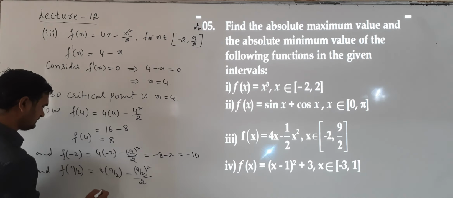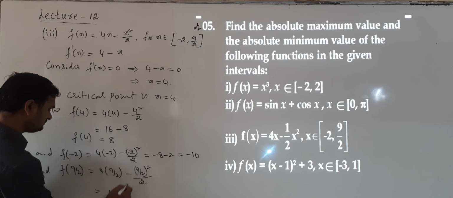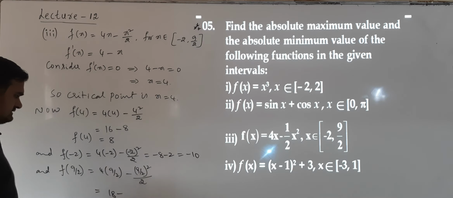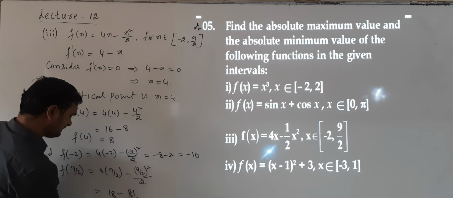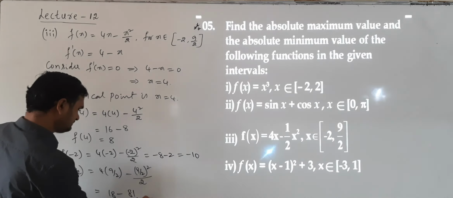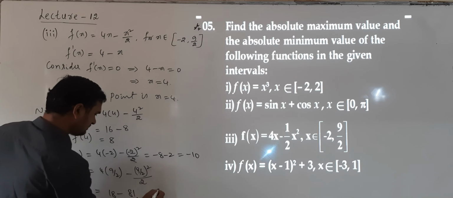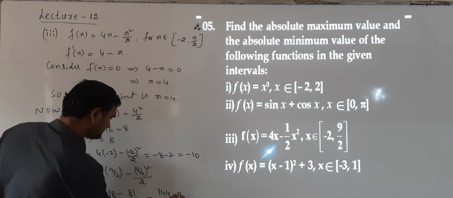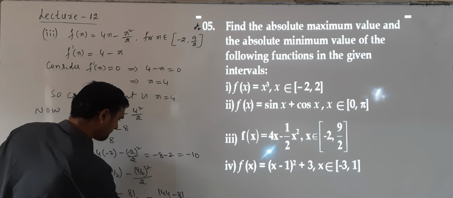How much do we get here? 18 minus 81 by 8. Okay, so let's simplify. 18 into 8 is 144, minus 81, by 8.